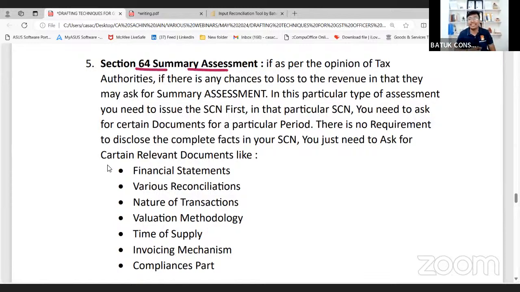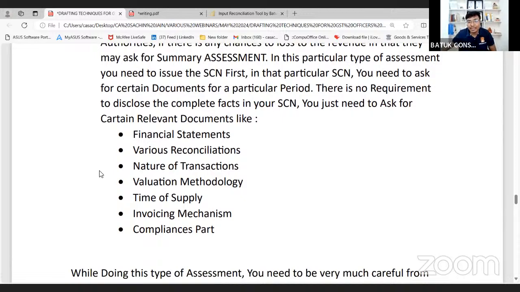Now, summary assessment. Summary assessment will be done whenever the departmental authority is of the view that we should do the assessment of this person, and if we are not going to do the assessment of this particular person, in that case there may be chances of revenue loss to the government. Okay, in that case they may come up with the summary assessment.